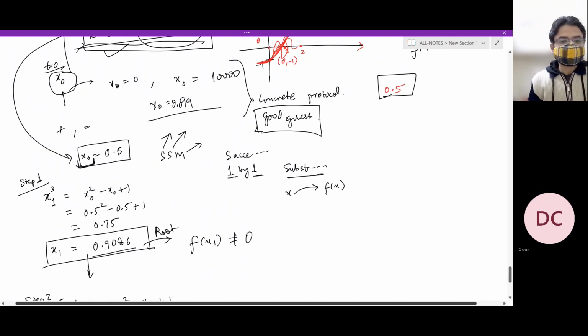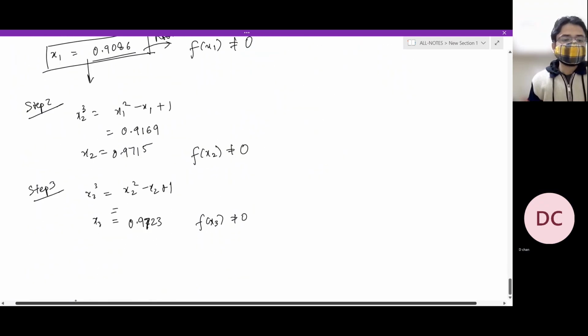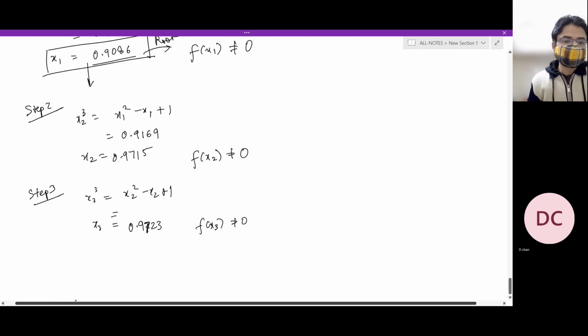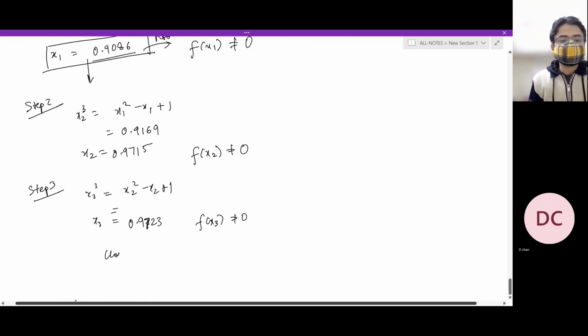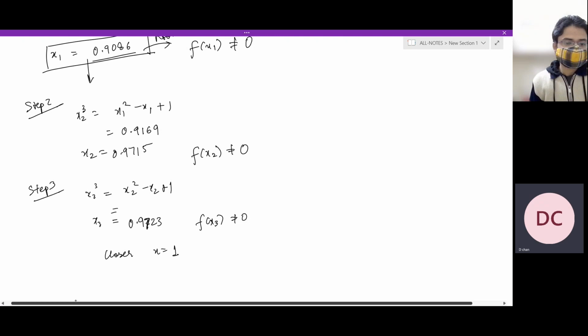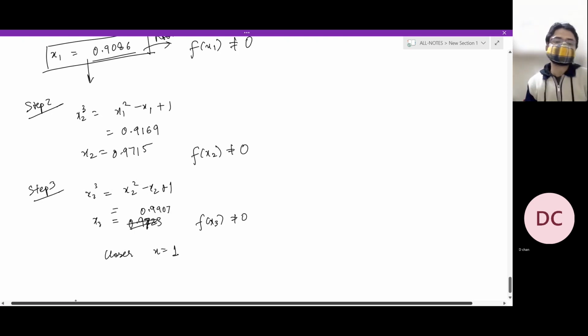So we notice that although we are getting closer and closer to x equals 1, actually the x cubed value is 0.99068, sir. Okay, 0.99068.